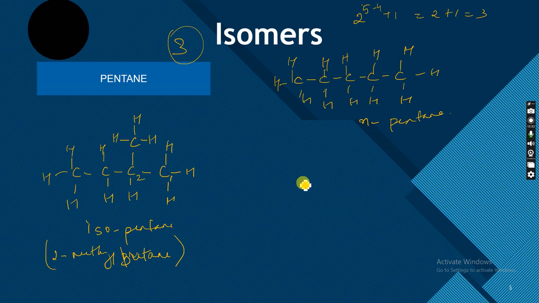And the last one, what will you do? You put 3 carbons here, 1 carbon at the top of the middle carbon, and 1 carbon below the same middle carbon. And the rest you put hydrogens.